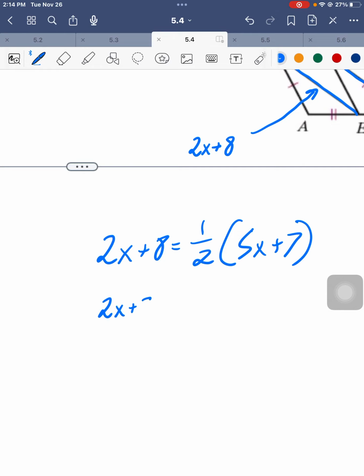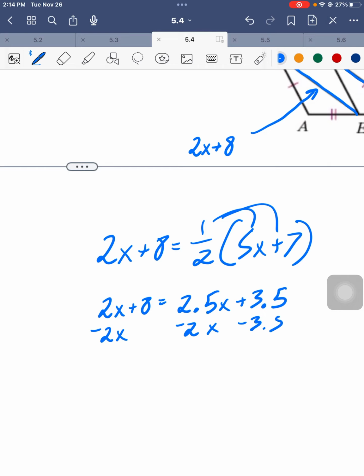So now 2x plus 8 equals, what's half of 5? 2.5? Sure, let's do decimals, because I know people like decimals better. Plus 3.5. So minus 2x here, minus 2x here, minus 3.5, minus 3.5.